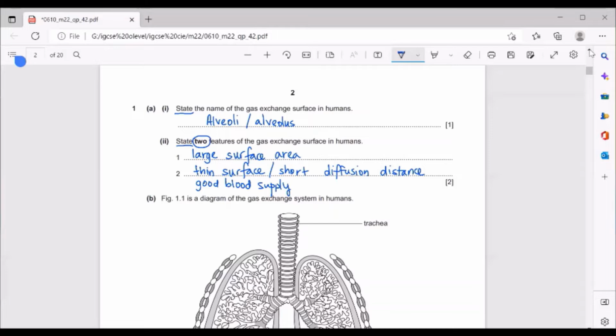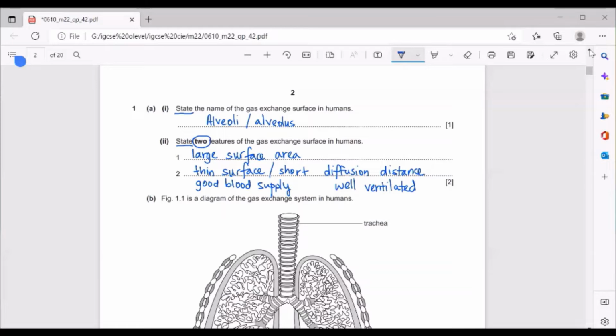And apart from this, another possible answer that could be accepted will be that the alveoli are well ventilated with air. There's good ventilation with air.